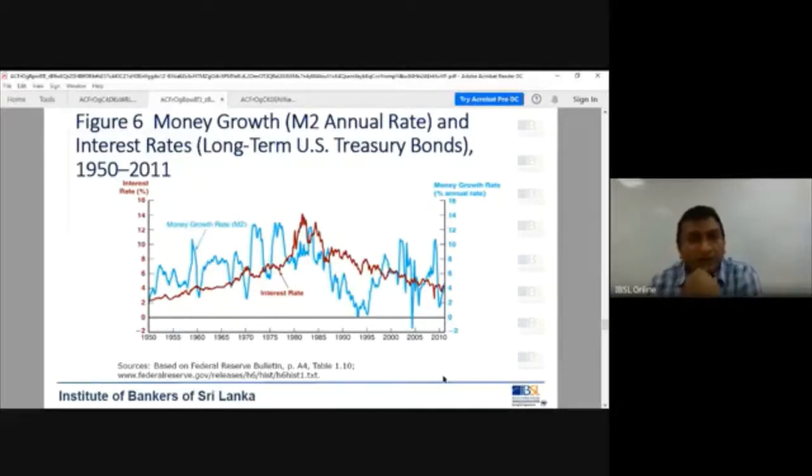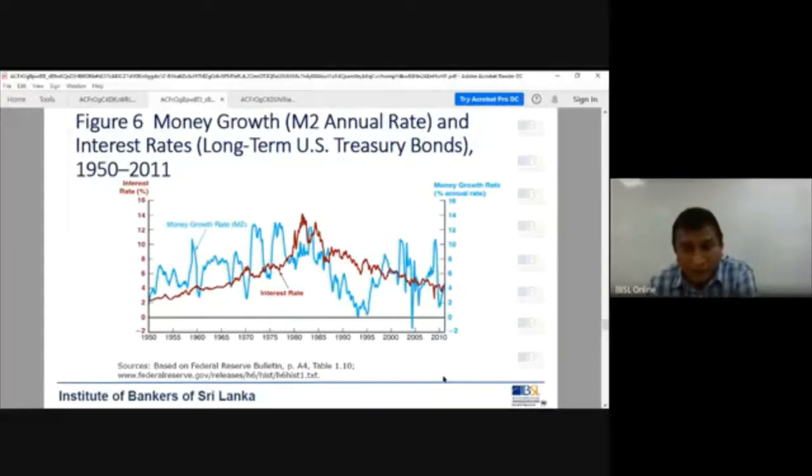A red line shows the interest rates, blue line shows the money growth rate, and when the money growth is continuously increasing at a reasonable pace, you notice that the interest rates are also heading north. Then when the money supply started slowing down, still growing, but not at the same speed as prior to the 1980s, you see interest rates also declining.